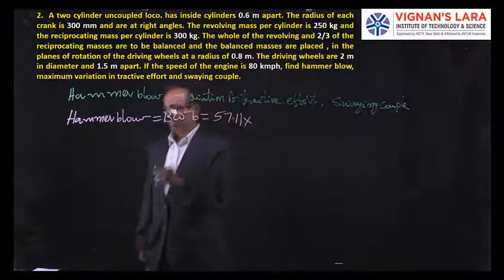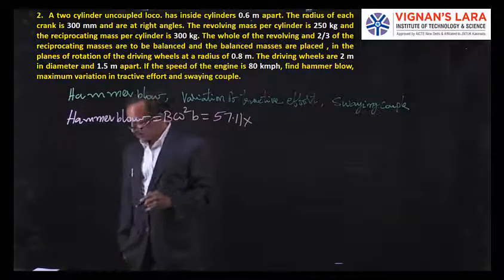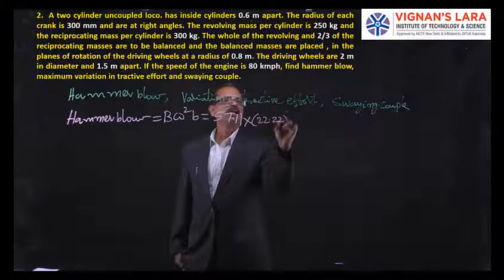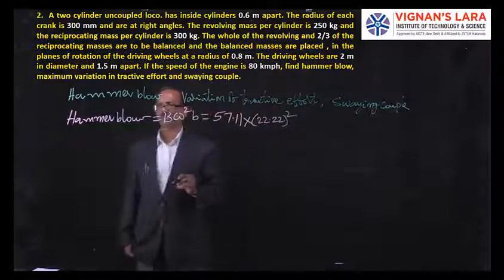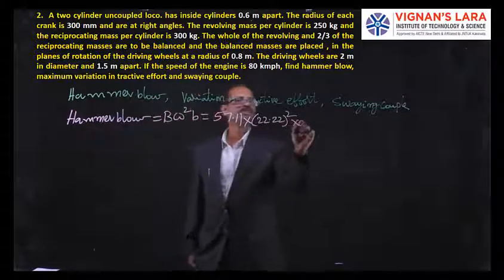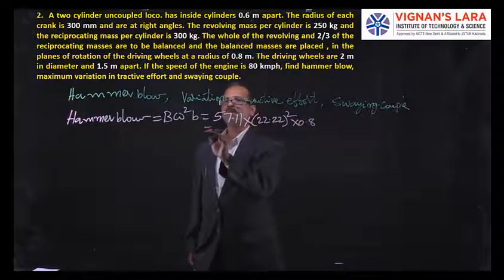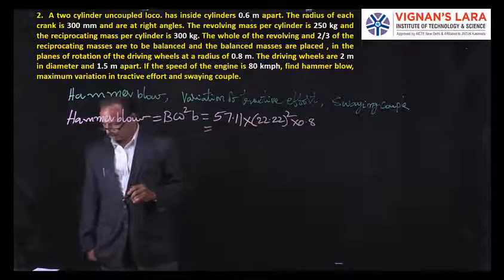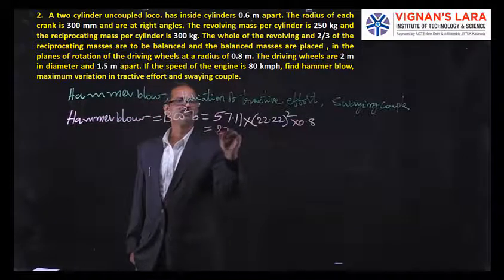Omega you have already calculated, which is 22.22. At what radius we have to keep the mass? That is given as 0.8. Simply substituting, you get hammer blow equal to 22516 newtons.